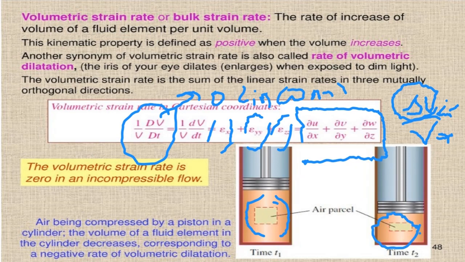So it's just a volumetric strain in the negative direction. It's losing some of its volume. So this dV will be actually smaller than zero in this case.